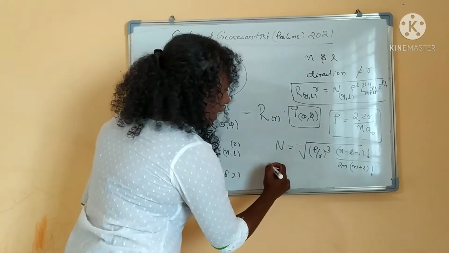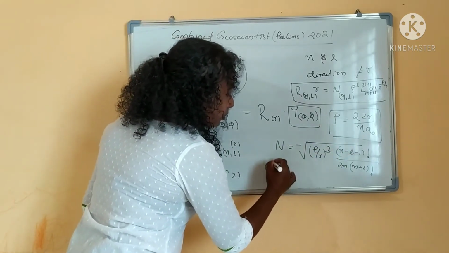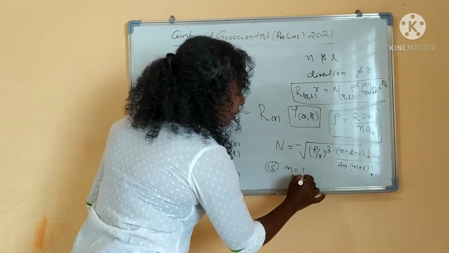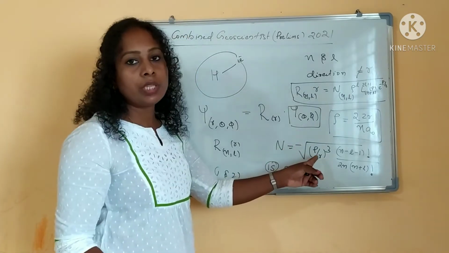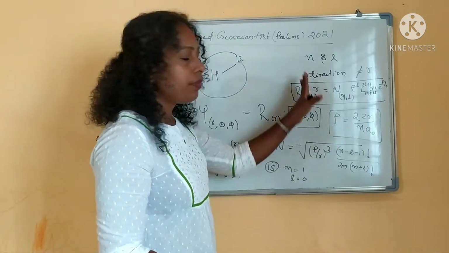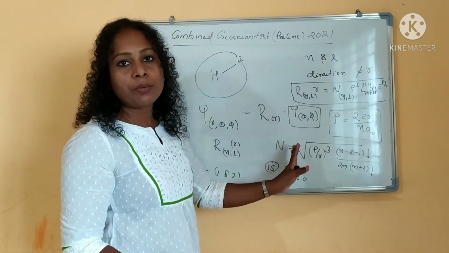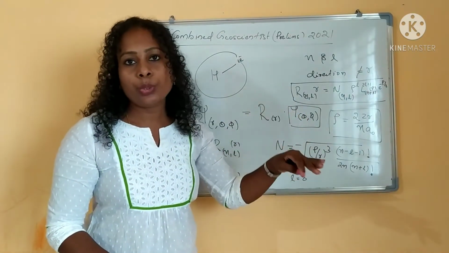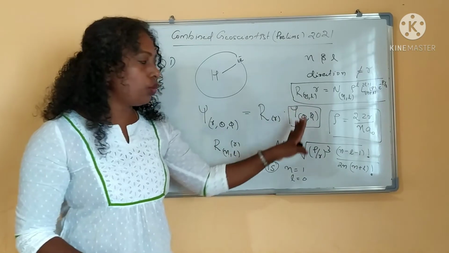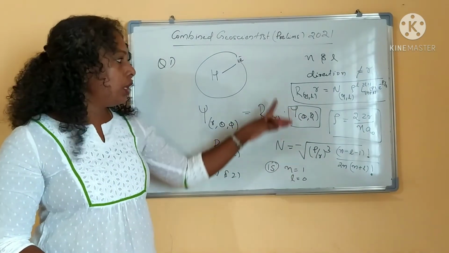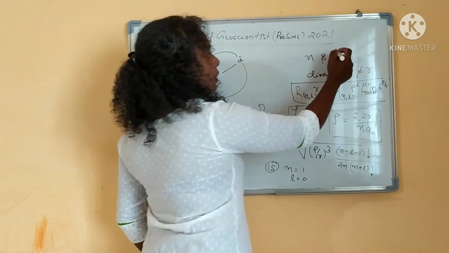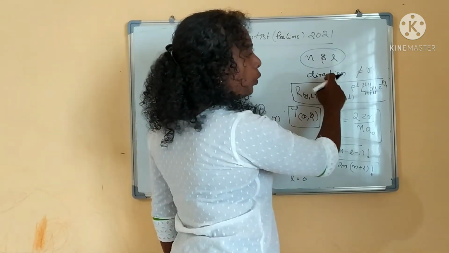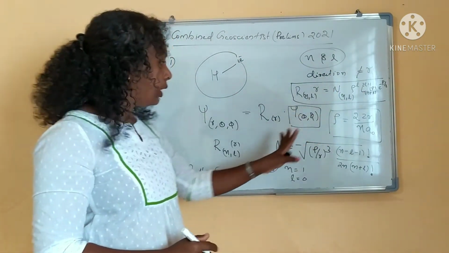Already you know hydrogen is a 1s system, so the n value is equal to 1 and the l value is equal to 0. You have to substitute and find this. This is the way you have to solve this Schrodinger equation. We already studied quantum mechanics, but don't go deep into the detail, just know what things it depends on. So the radial function depends on n and l value. The spherical function depends only on direction, not on the radius.